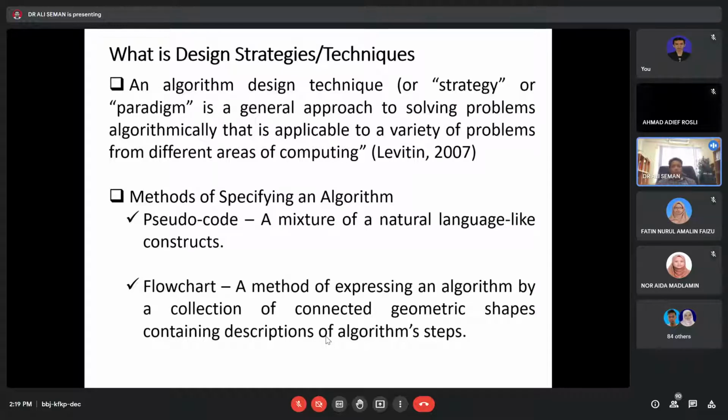Okay, in practice, we start with the flowchart. We draw the flowchart. Finally, after we finish the flowchart, we translate it into pseudocode. From that pseudocode, we translate to source code, where we write exactly what we wrote in the pseudocode. The difference between pseudocode and source code is that pseudocode is natural-language-like, where we can describe it in our natural language.